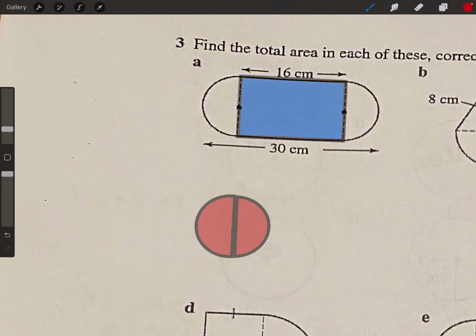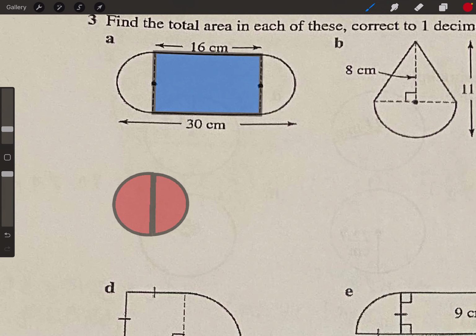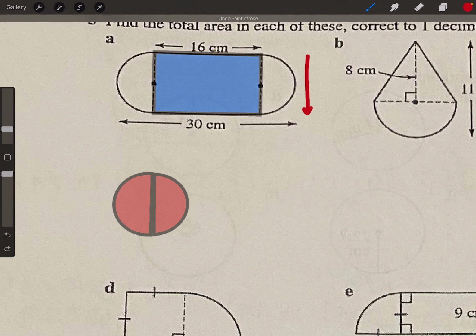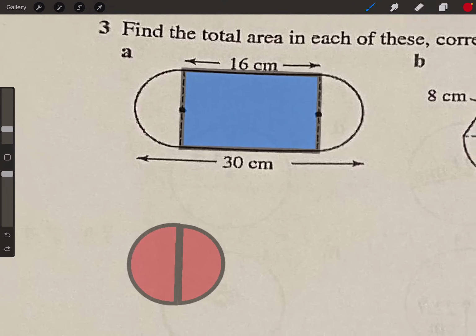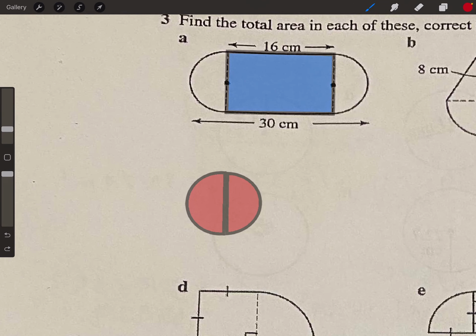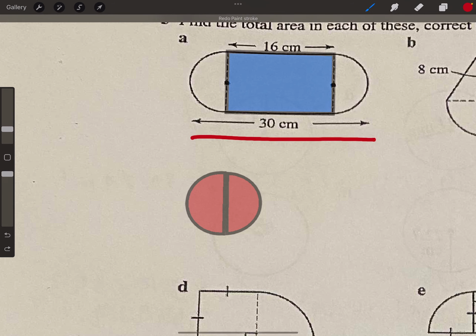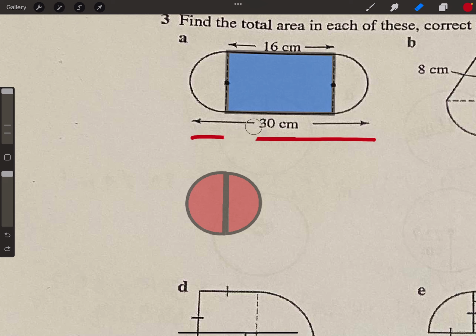Now the hard part is to find the width of this rectangle, which also happens to be the diameter of the circle. So what we're going to do is take 30, take away 16. Now when you do that, you're going to get this length here.